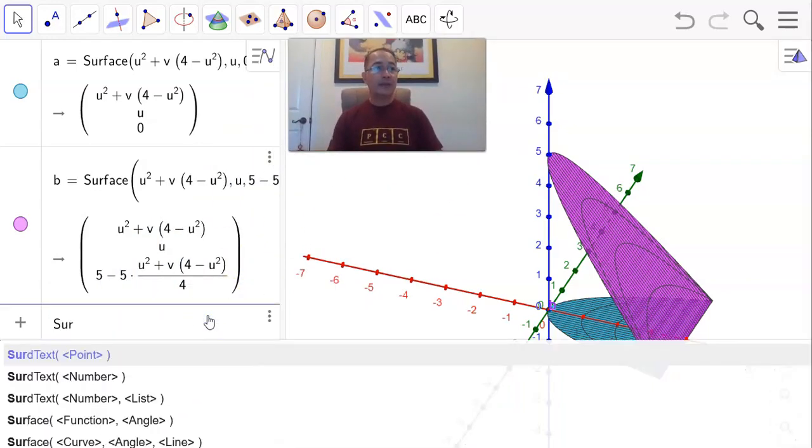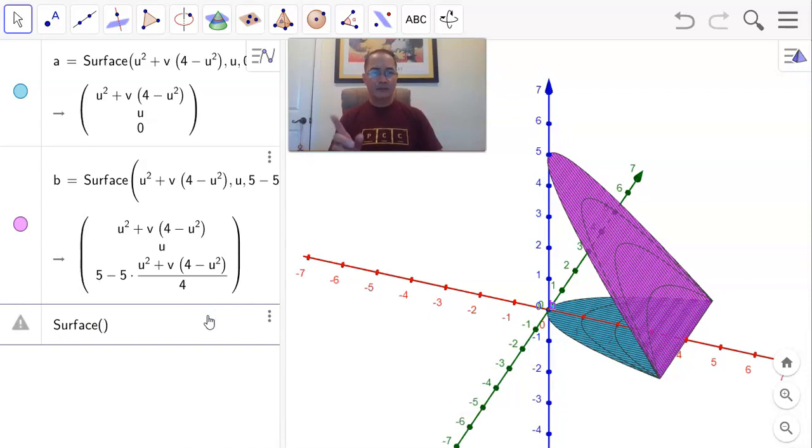So whenever I do the surface command, once again, I just put dummy letters over there. And then I have a u and a v. I want to walk around that parabola, so u will again go from -2 to +2.